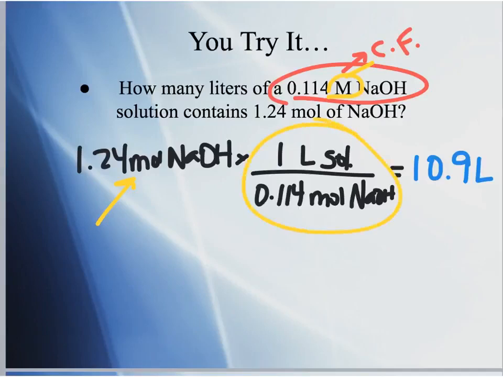So remember, molarity is moles per 1 liter. That means if we have a 0.114 molarity NaOH solution, there's 0.114 moles in 1 liter of the solution. So we can use that as a conversion factor. And then once we do the math, we'll end up with our answer of 10.9 liters.